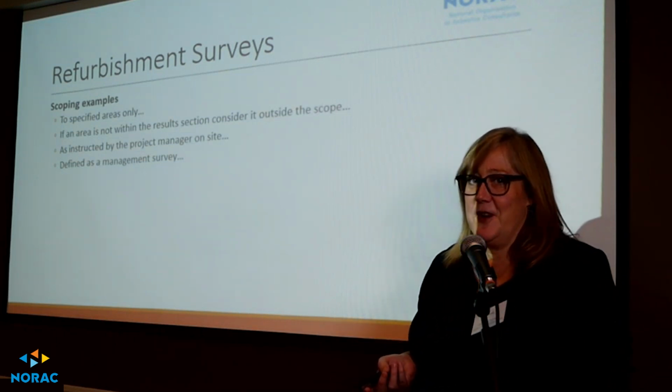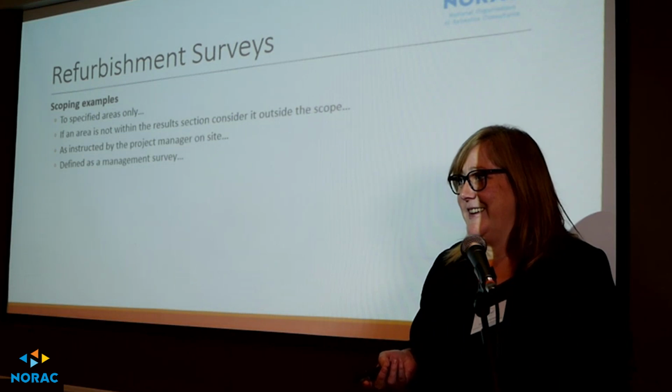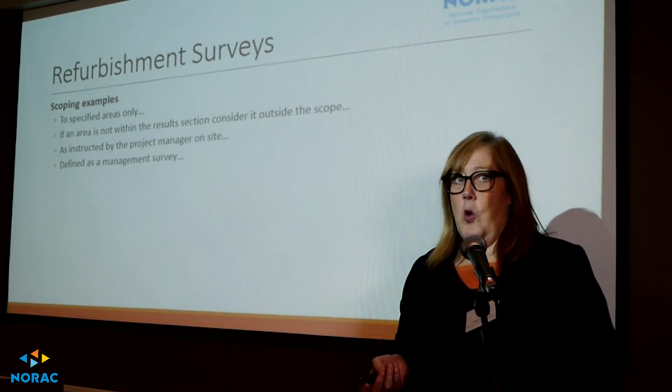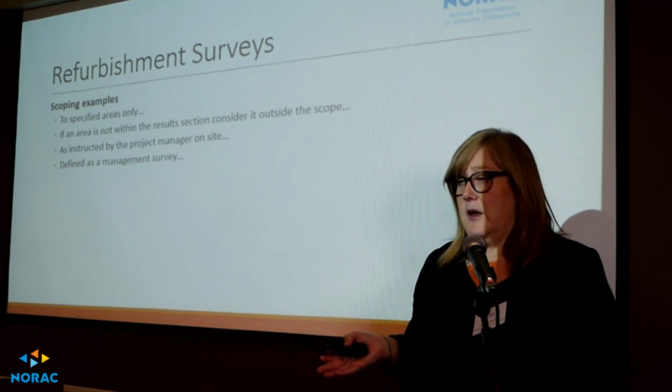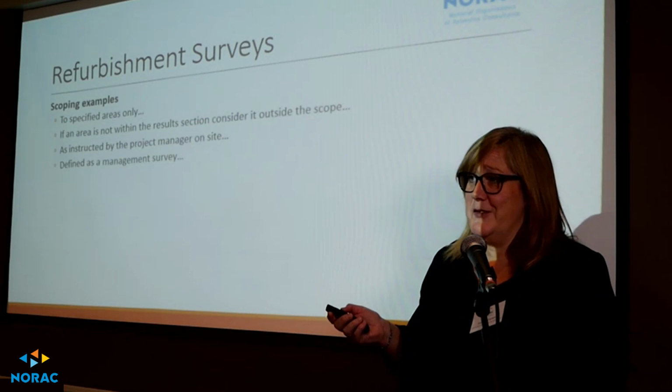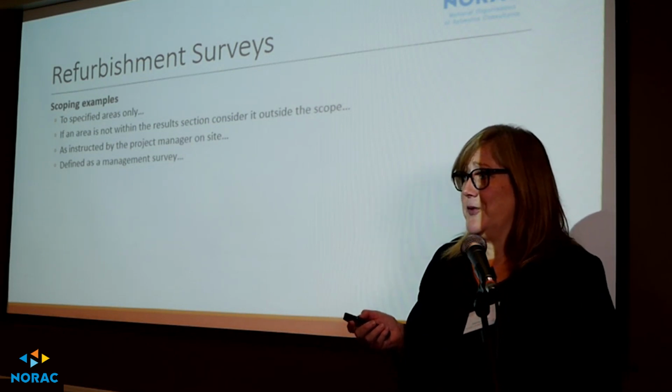And a favourite, as instructed by the project manager on site. So there is no documented evidence of what anybody asked anybody to do. And obviously we still get people putting the wrong survey type on reports that get generated as well.